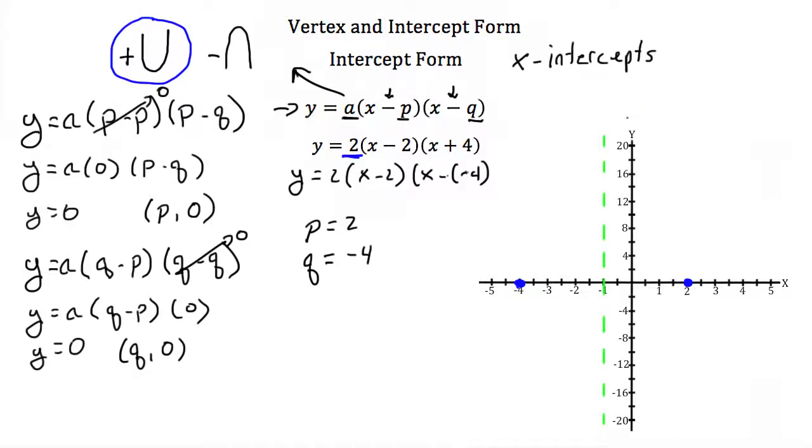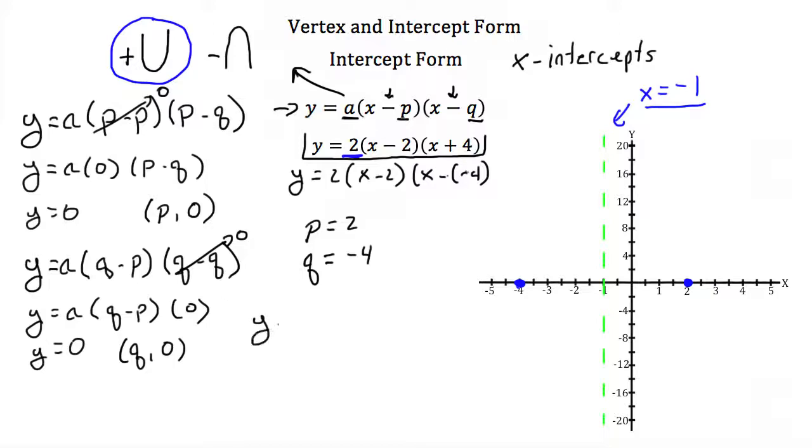Now if my axis of symmetry is x is equal to negative 1, that means my vertex has the x-coordinate of negative 1. So if we want to find the y-coordinate of our vertex, we just plug in negative 1 into our equation. So we plug negative 1 into y is equal to 2 times (x minus 2) times (x plus 4).